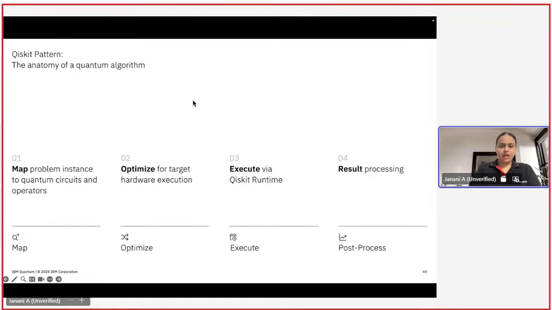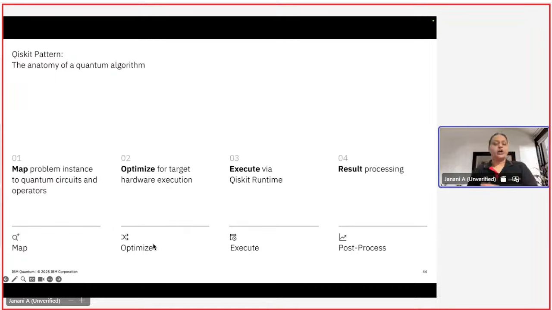So from the start, your input is going to be the problem you want to solve, and your output should be the solution which you want to get. You should have a way of post processing the results and interpreting them to get what you want. So that's the very first step, to map everything to quantum circuits and operators, and basically write things using Qiskit.